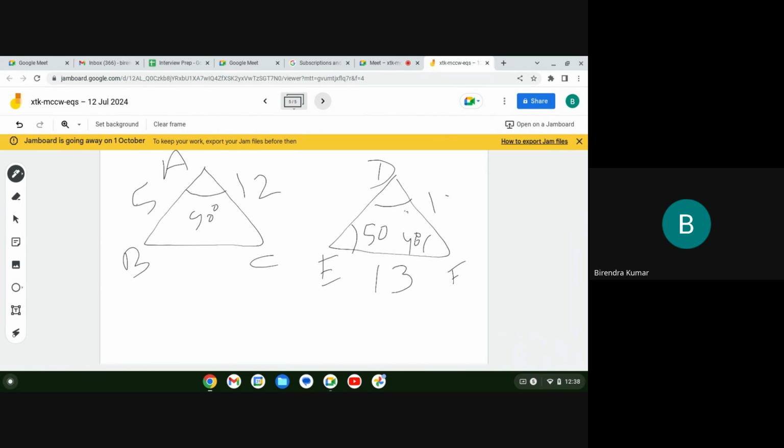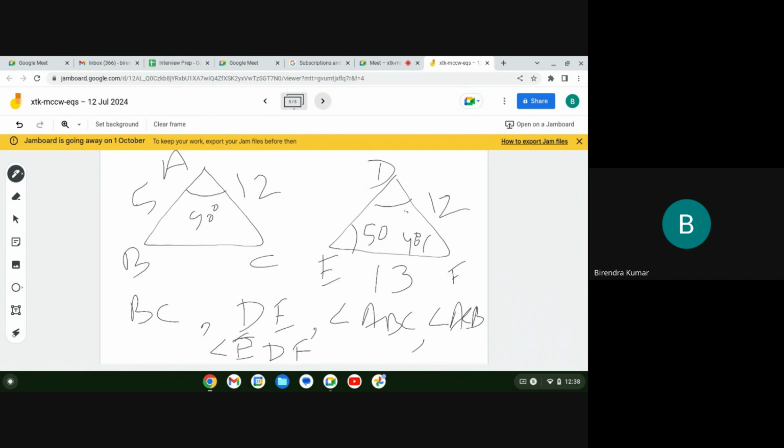I want you to find out the length of the other sides, such as BC, DE, and all the remaining angles, meaning angle ABC, angle ACB, and angle EDF.